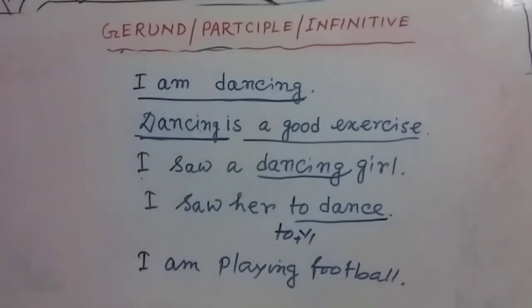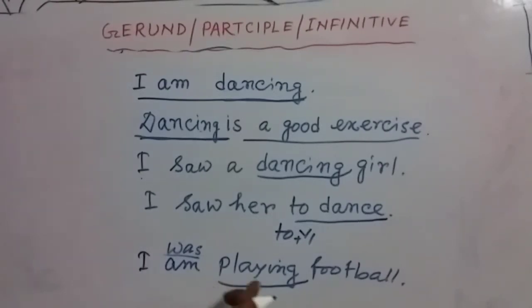I am playing football. If it is past continuous, we use I was playing football. So this term verb with ing, which is called participle, is used in continuous tense also.